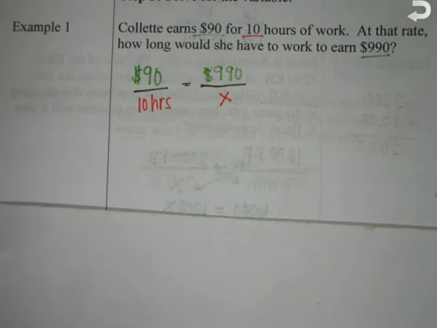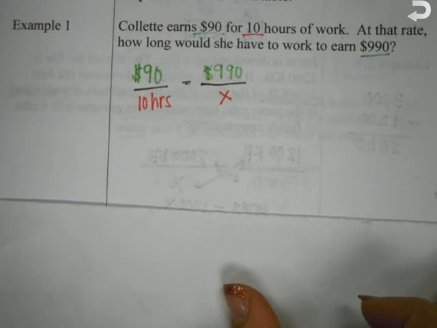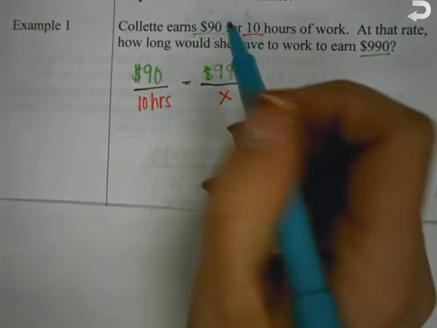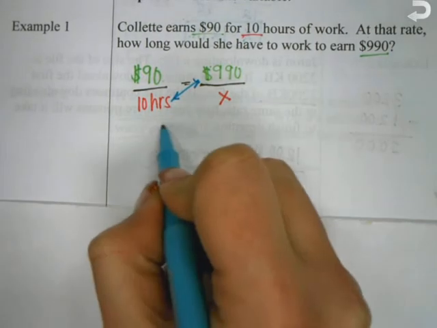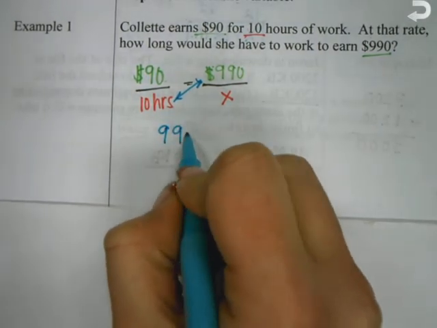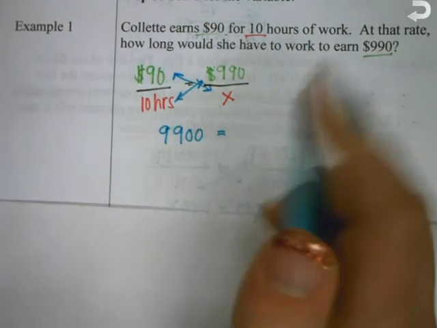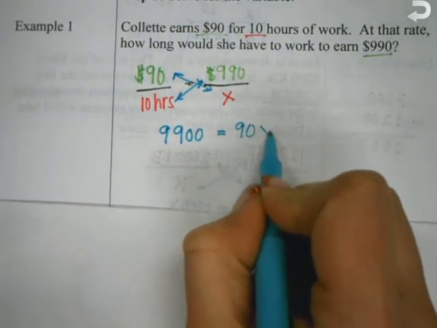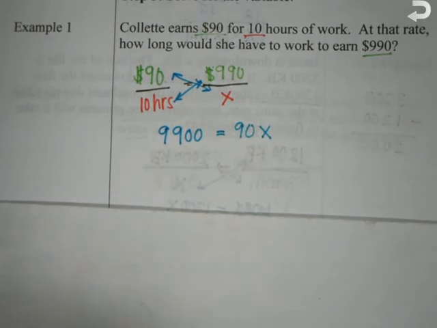And then we can use cross multiplication to solve for X here. So I'm going to do 10 times 990, which is 9,900, equal to 9 times X, which is 90 times X, or 90X. And then to solve for X, I divide both sides by 90.